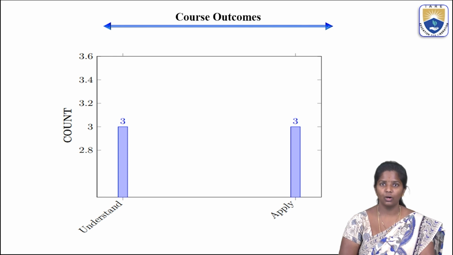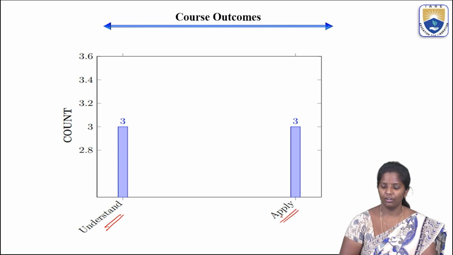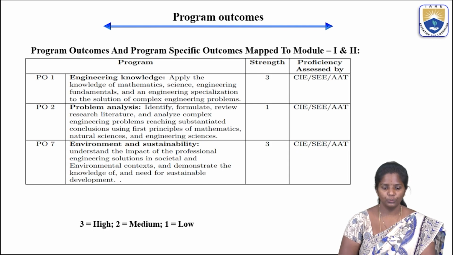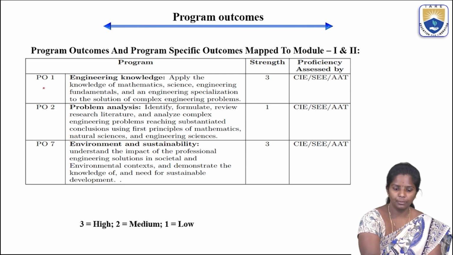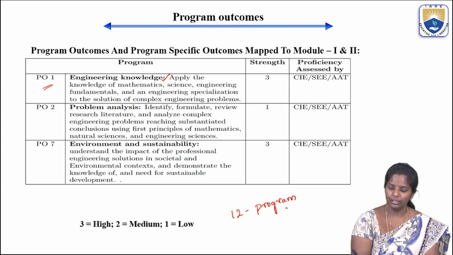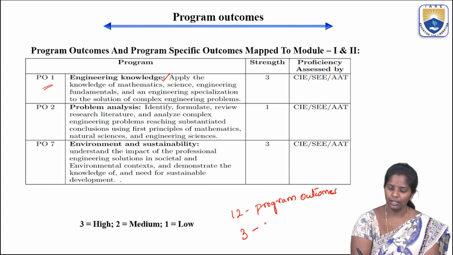So if you see, from the whole modules, the course outcomes, 3 are of understanding level and 3 are of applying level from Bloom's taxonomy. PO1 is engineering knowledge. There are around 12 POs, or program outcomes, but only 3 match for engineering chemistry.